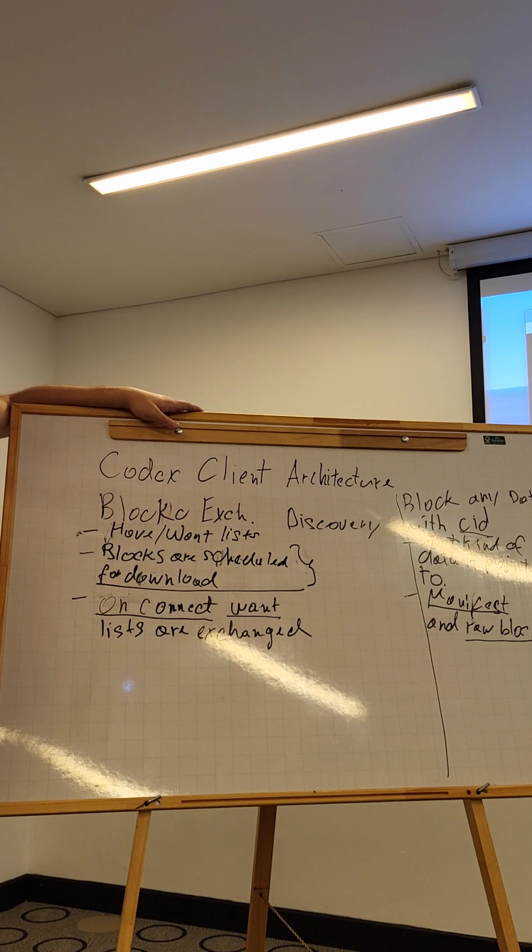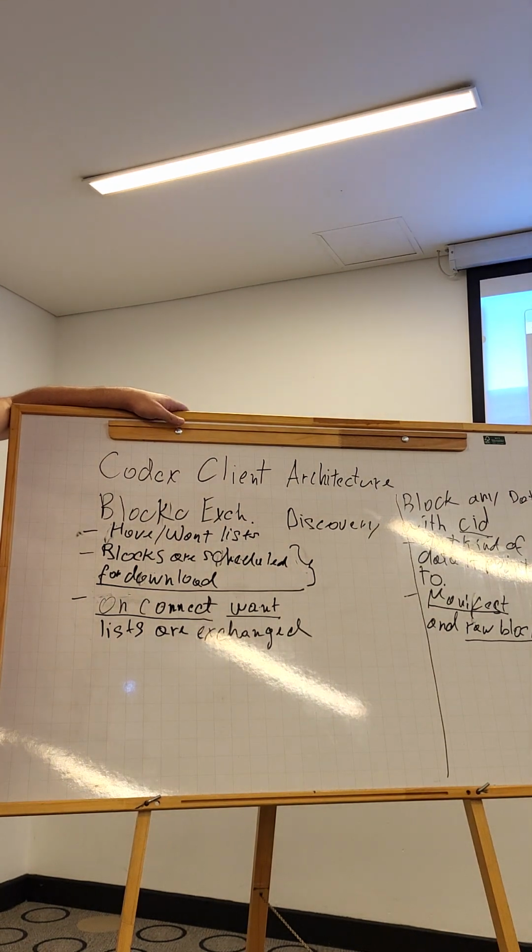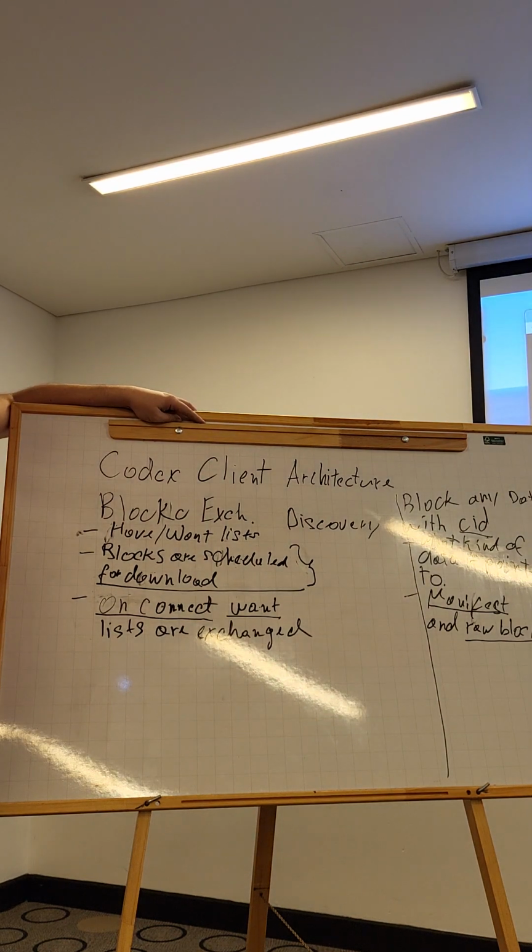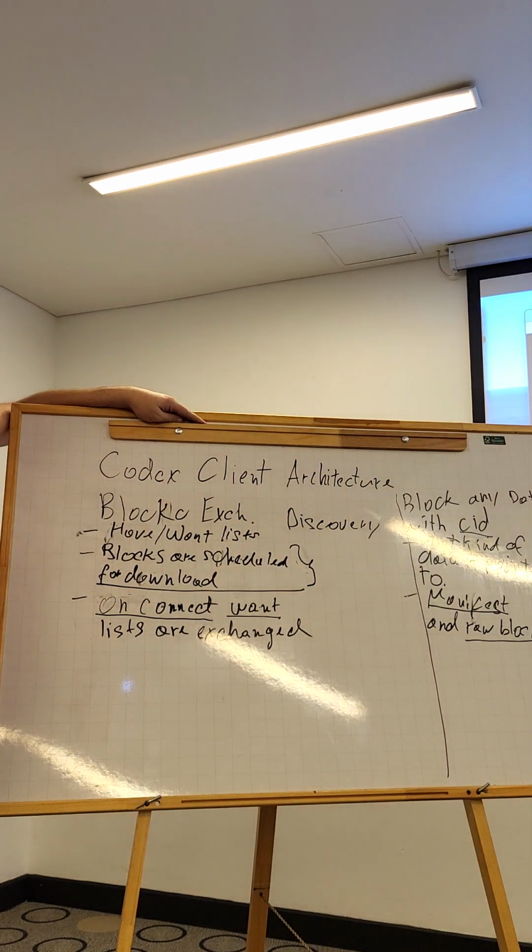So the parameters for the erasure coding are stored in the manifest, but the manifest itself doesn't hold any data besides just the hashes for those blocks.